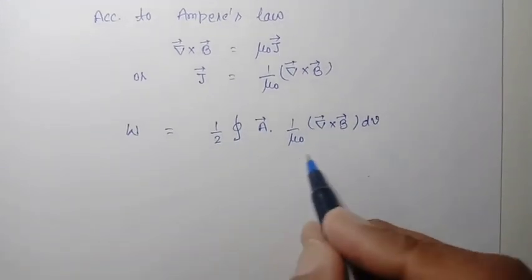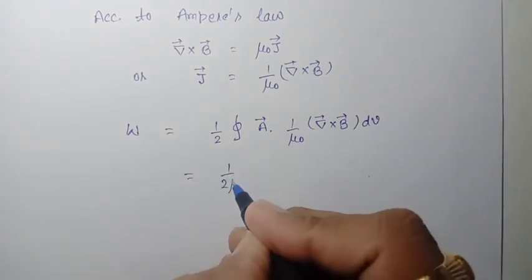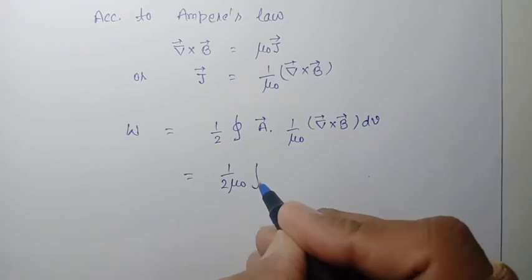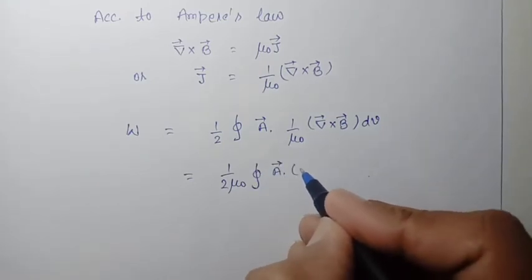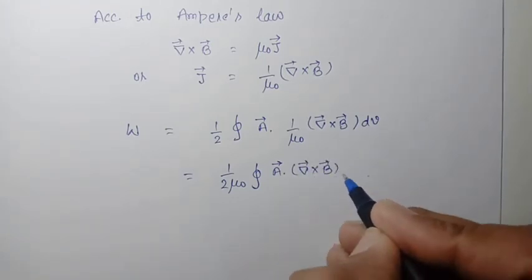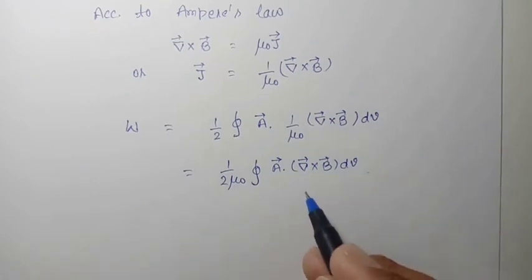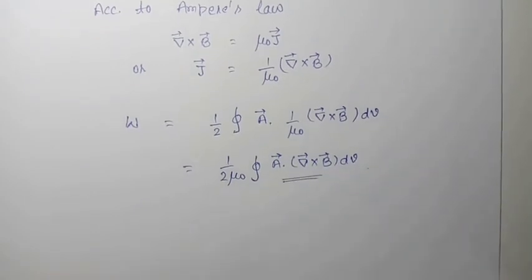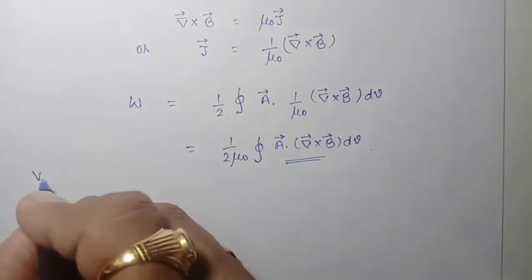Or we can write 1 over 2 mu naught integral of A dot del cross B dV. To solve this equation we will use a vector identity.